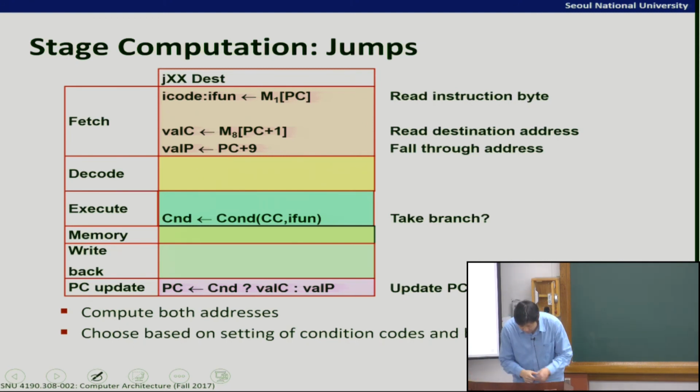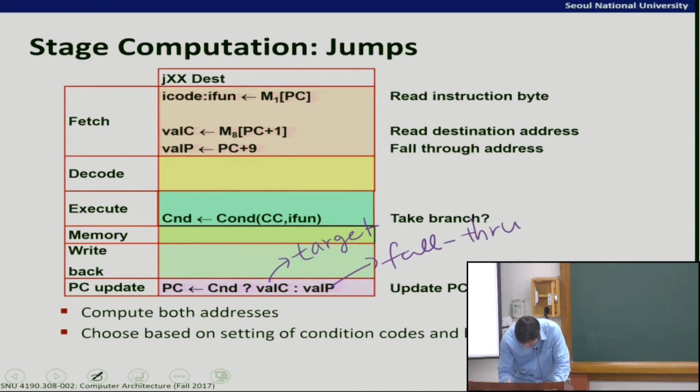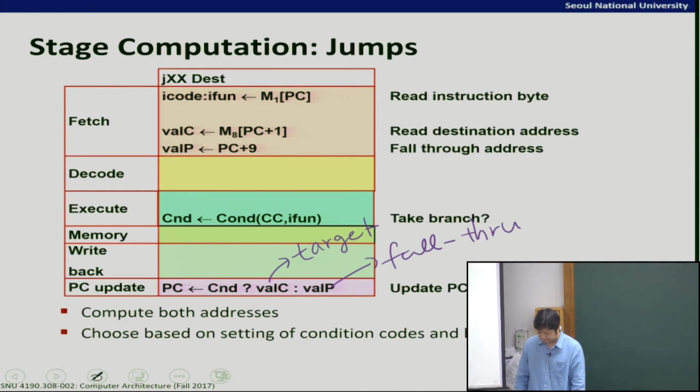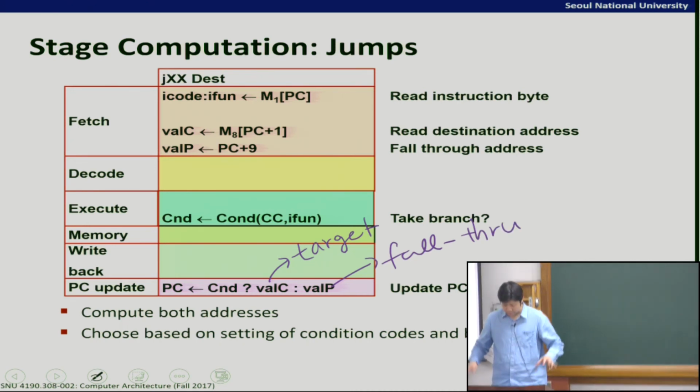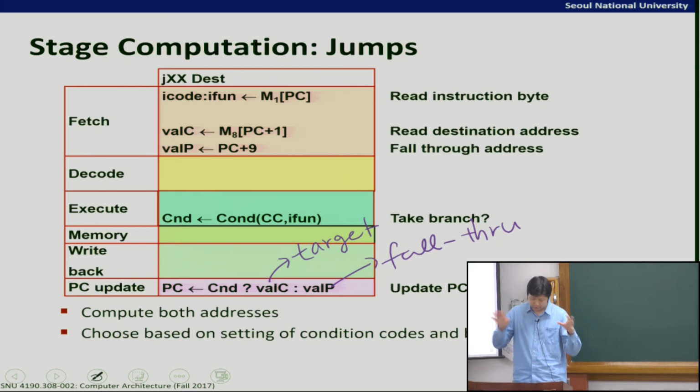Okay, so this one is the target address, and this is the fall-through address. So the basic idea is we compute both addresses, the target address and the fall-through address, and choose one of the two depending on the value of Cnd, which is evaluated in execute stage.